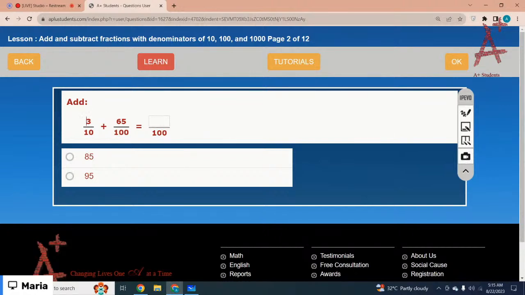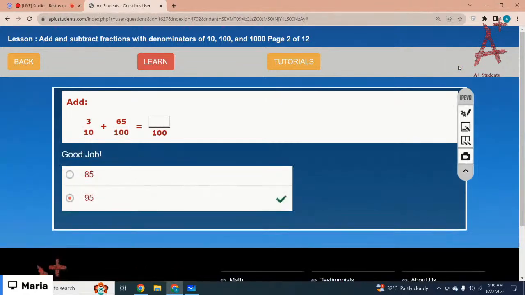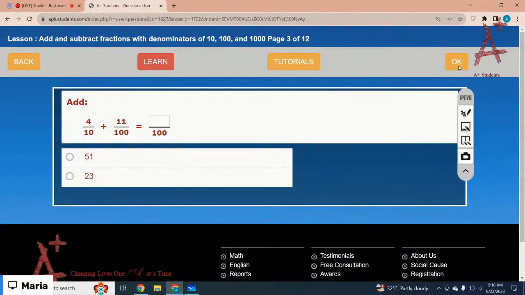And 30 plus 65 is 95, right? That means the missing number is 95 over 100. So add, which is the correct option? Which number is missing?